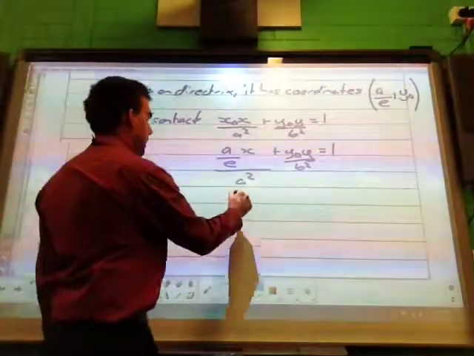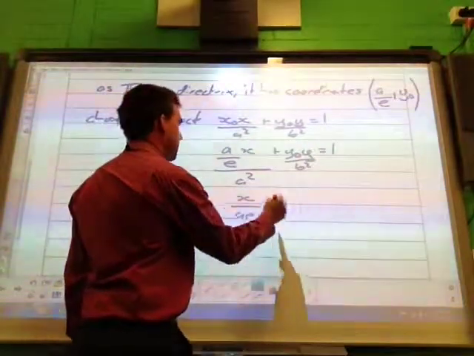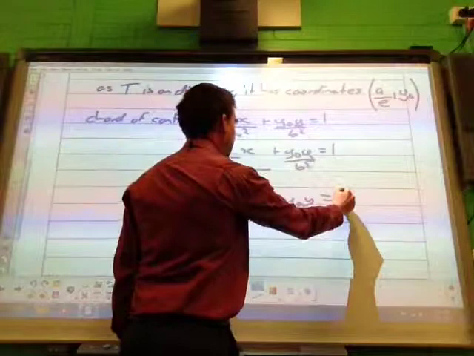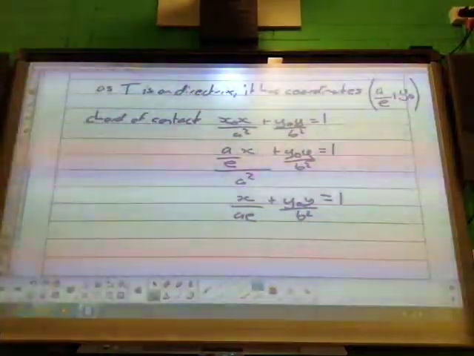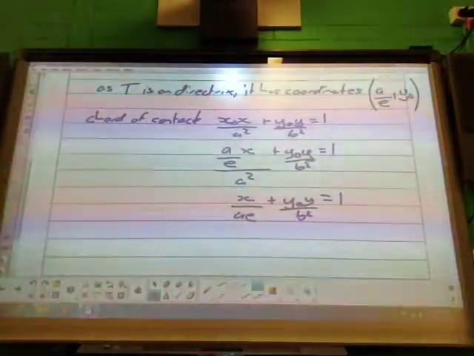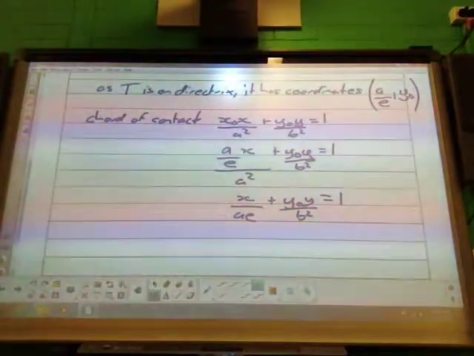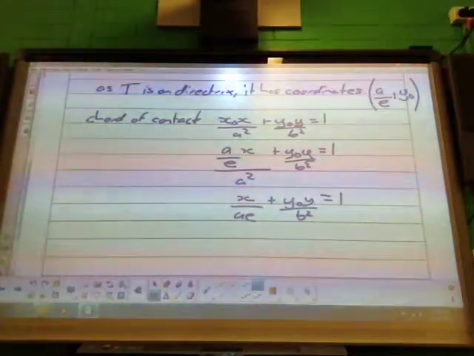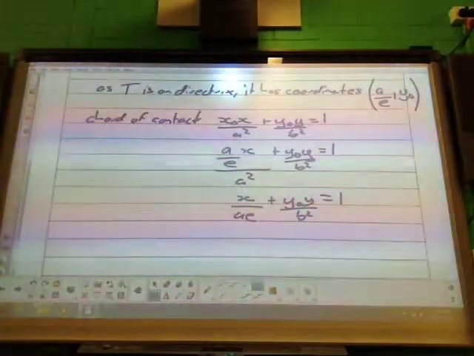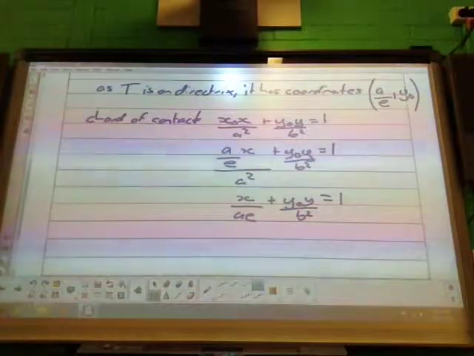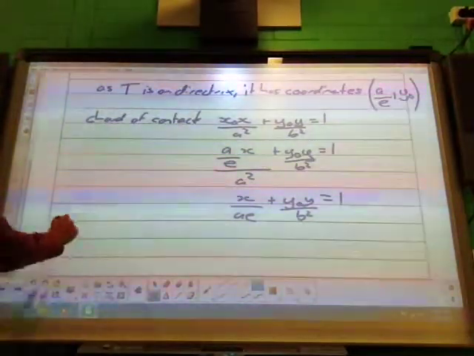Okay, so just tidy it up a bit, so it'll be x over ae plus y naught y over b squared is 1. Once you multiply by the reciprocal and cancel, that's what you get. Okay, so the chord of contact must go through the focus for it to be a focal chord.